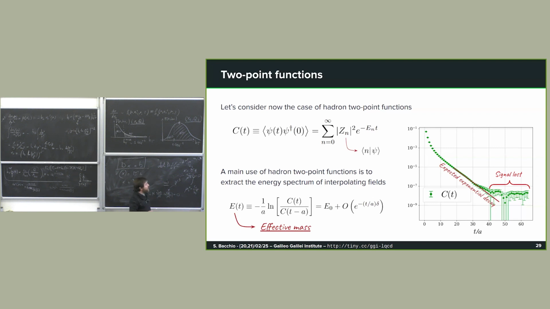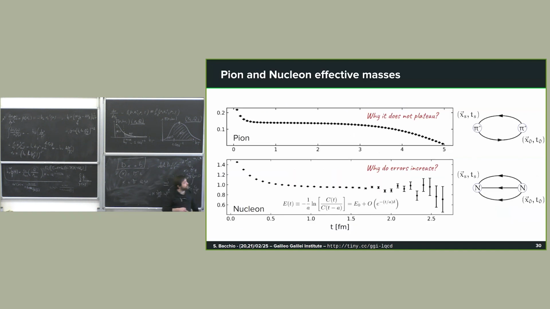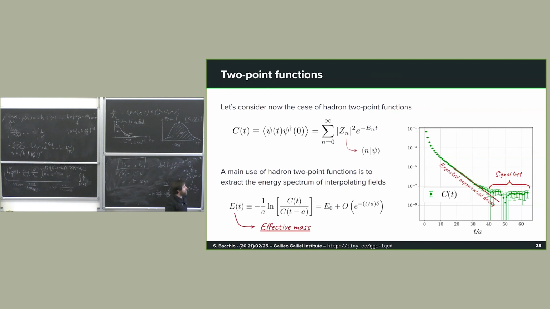A very effective way to extract this state is by building an effective mass that is the ratio of two correlators. You see very easily that if you divide and take the logarithm, you get the mass only, because the overlaps cancel with the ground state. If you assume ground state dominance, the overlaps cancel, and you get that. This is very easy to prove. Fine. So we use this strategy.